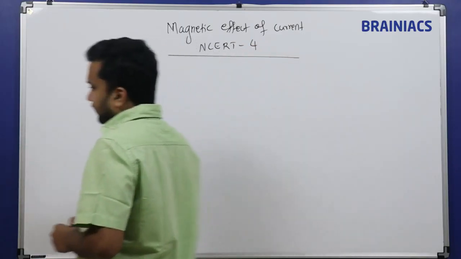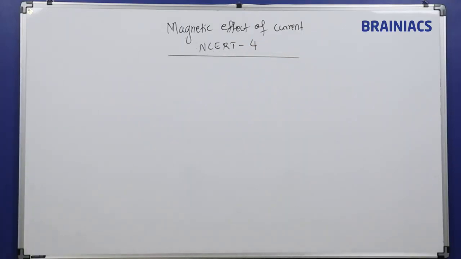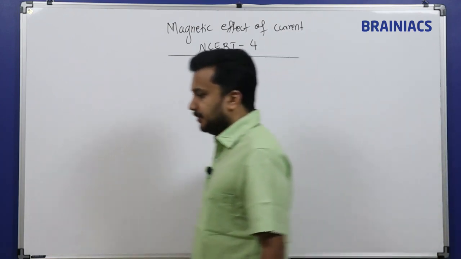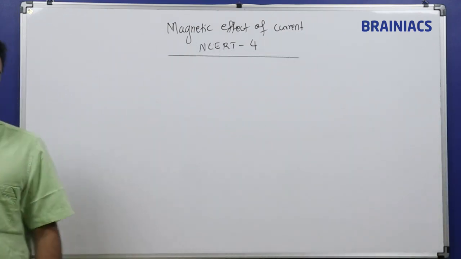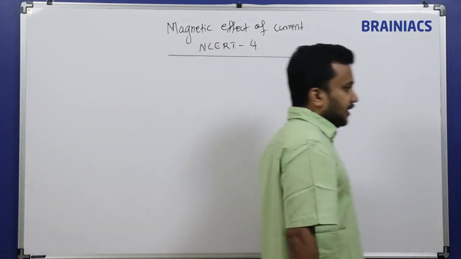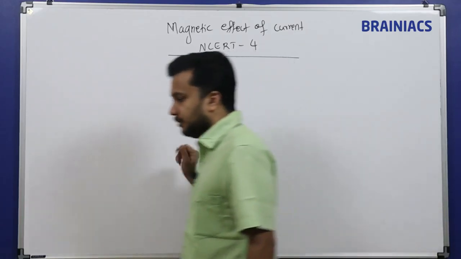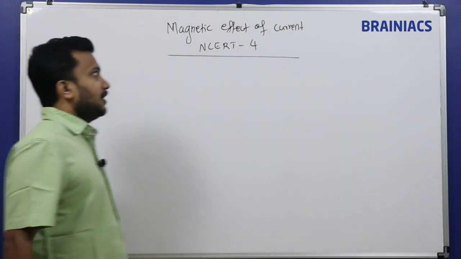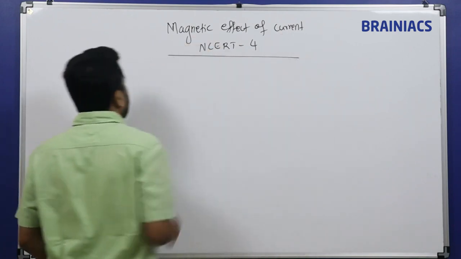You definitely have to read the NCERT textbook after attending my classes. Learn something from me and then go and read your NCERT textbook, similarly for all the chapters we have completed. Now we are at the fourth chapter. Magnetic effects of current: current will give rise to magnetism.